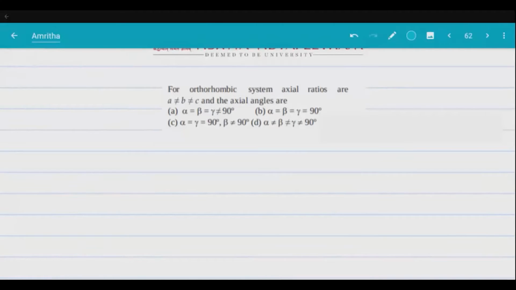Do you know, in the whole universe, whatever may be the crystal, we can classify them into seven crystal systems.